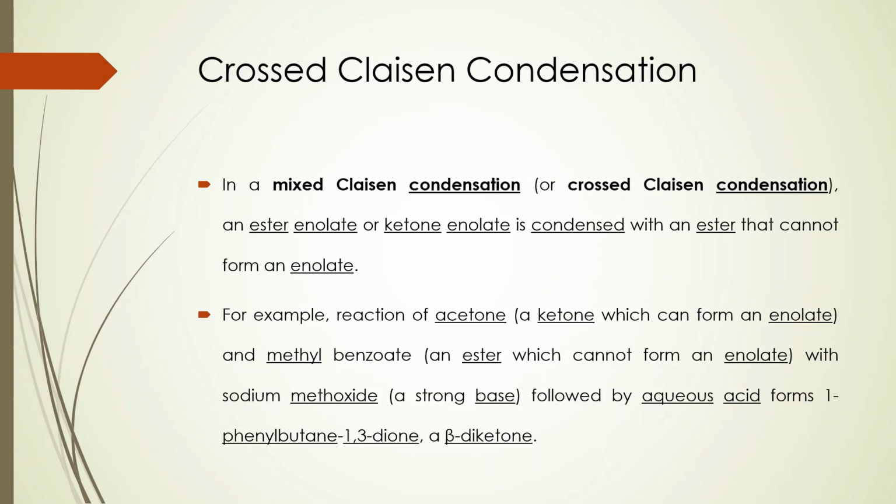Acetone is a ketone which can form an enolate because of the presence of alpha protons, and methyl benzoate, that is an ester which cannot form an enolate because there is no alpha proton, with sodium methoxide which is a strong base followed by aqueous acid forms 1-phenylbutane-1,3-dione, a beta diketone.